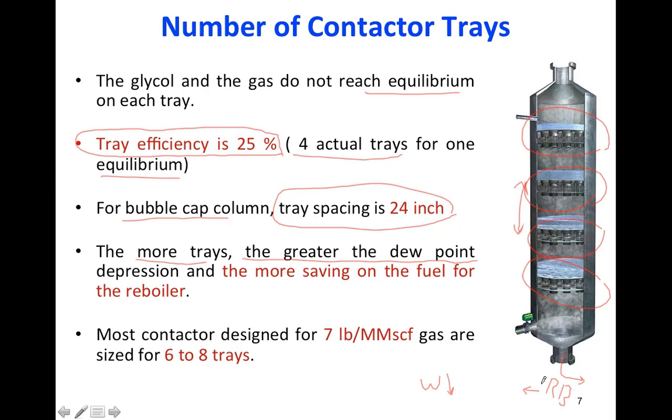Once we send this glycol that contains water, because it's absorbing water from our natural gas, we have to send it to the reboiler to remove water, regenerate the glycol, and send it back to this column. So when we send it to the reboiler, it has a big amount of water that we will boil to remove. If we have less water, we need less heat duty in the reboiler.